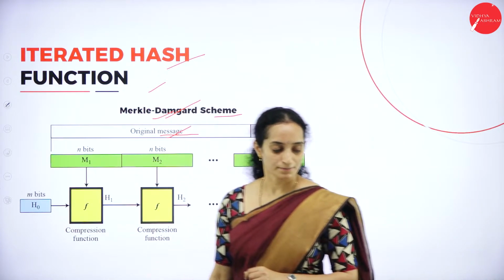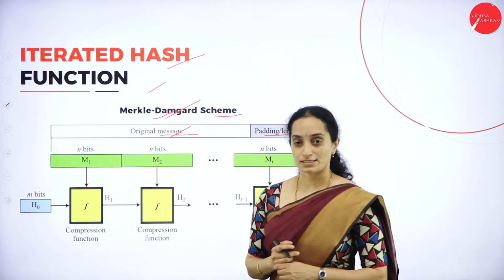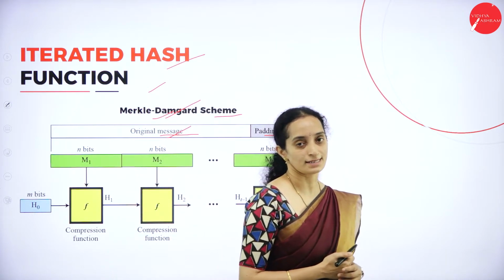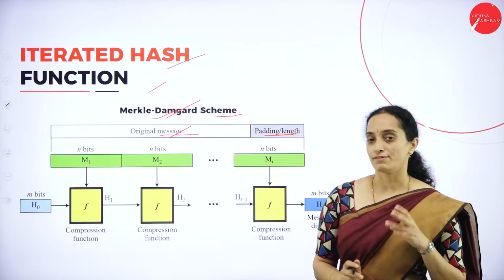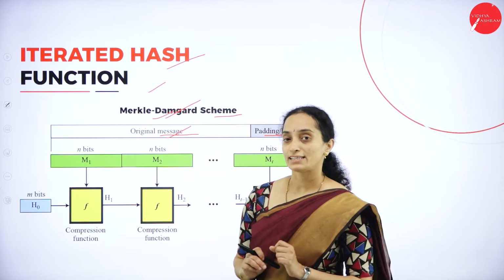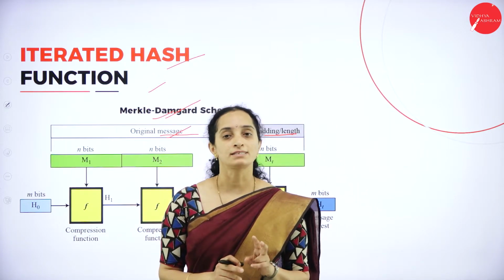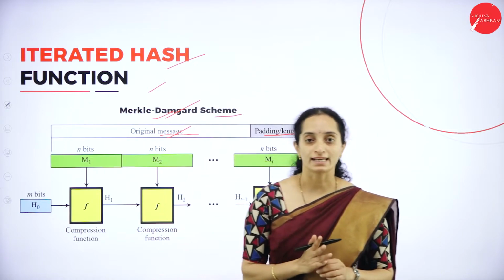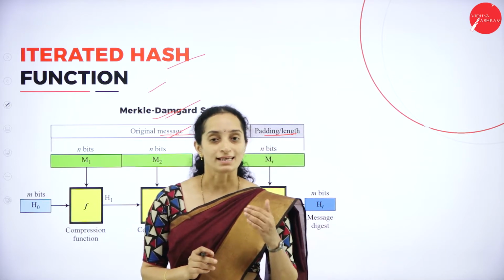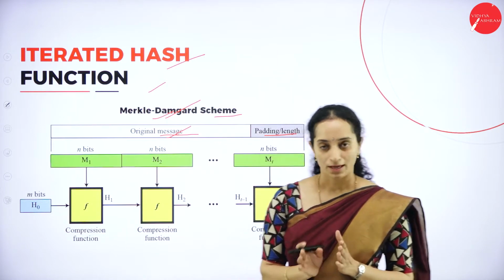This scheme uses an iterated hash function that is collision resistant. In a hash function, the basic thing is that a cryptographic hash function must fulfill 3 criteria: pre-image resistance, second pre-image resistance, and collision resistance.